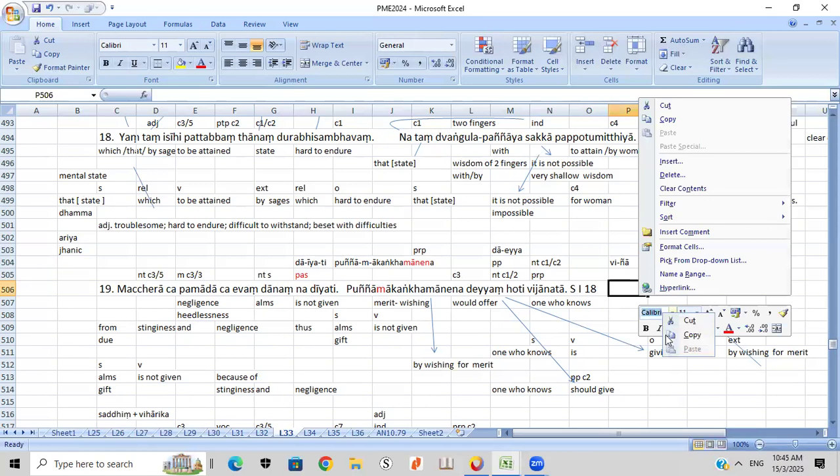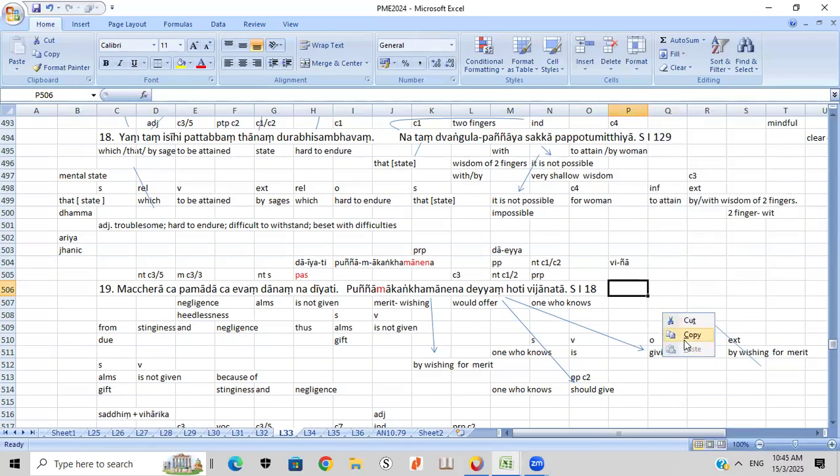So here we say by wishing for merit. Technically, "by wishing for merit" is there, but this one is not in the sentences. So we have to pick it from somewhere. We pick this from there. So this part is ignored. I put a highlight.